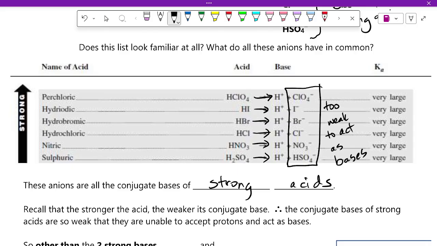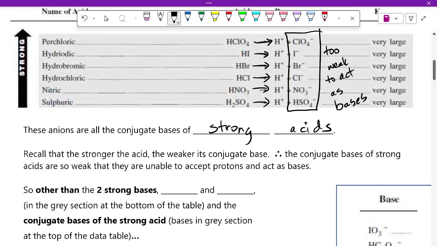So other than the two strong bases, who are the two strong Bronsted-Lowry bases? O2 minus, and who's the other one? NH2 minus.